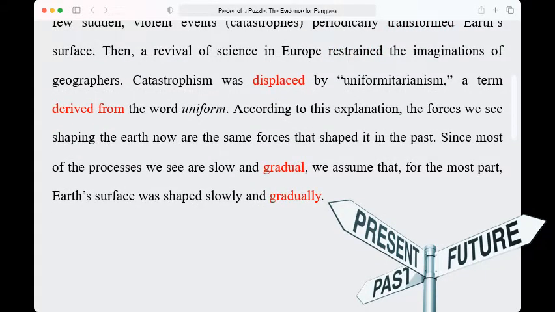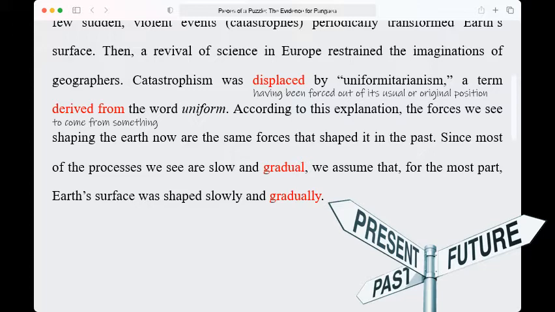Catastrophism was displaced by uniformitarianism, a term derived from the word uniform. So the concept of catastrophism was pushed back by new thinkers, and in its place came the notion of uniformitarianism.